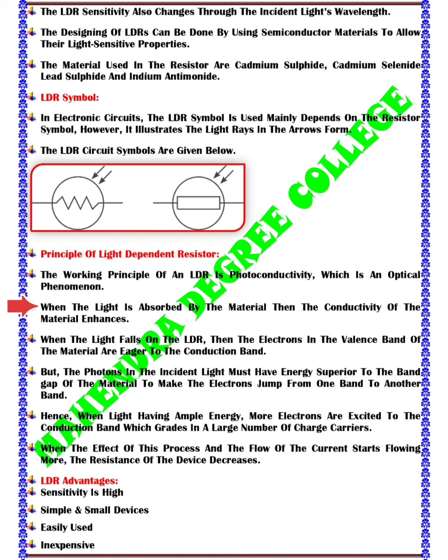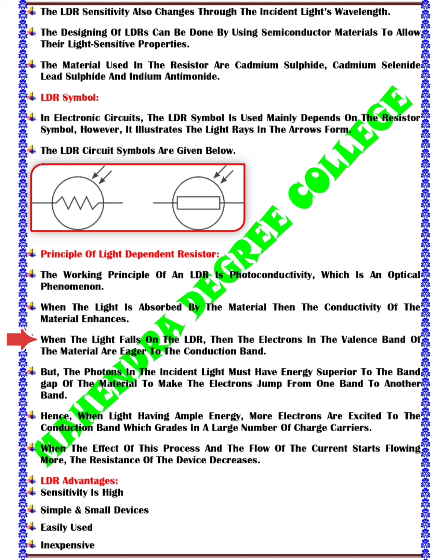The phenomenon where a material's electrical conductivity increases due to the absorption of light is called photoconductivity. When light is absorbed, particularly by semiconductors, it excites electrons into higher energy states, increasing the number of free charge carriers and thus enhancing the material's ability to conduct electricity.